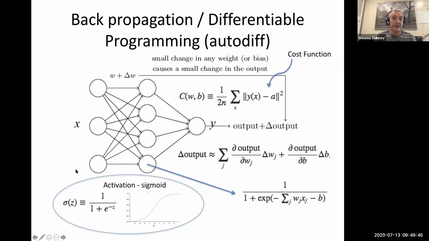And why is it programming? Because eventually you do create an input-output relation. So like any function, you have some kind of arguments in the input, and you have some output that the network generates.